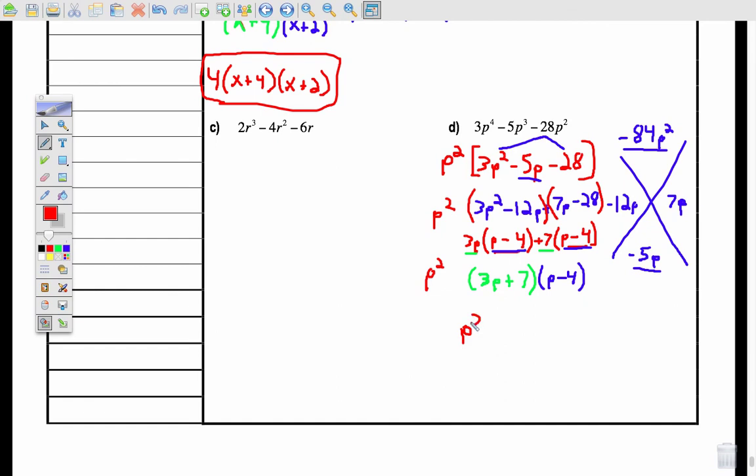Put it all together, we have our p squared that we factored out at the very beginning, times 3p plus 7 times p minus 4. And that is our correct answer.